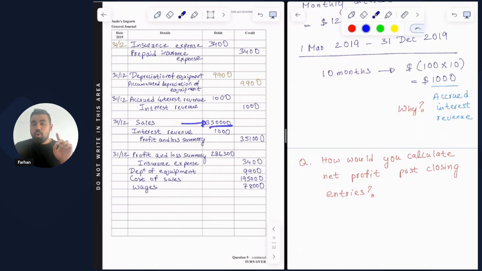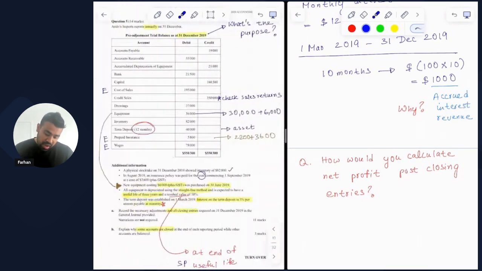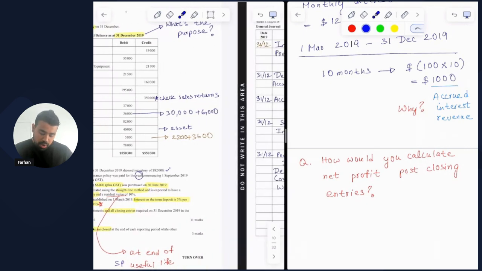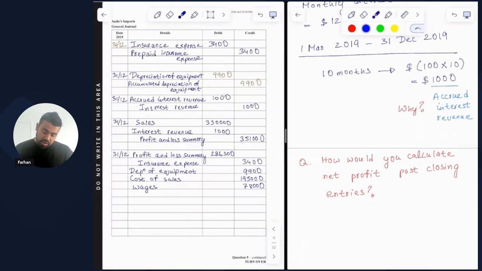And be careful to always check for sales returns. In our question, we do not really have sales returns or returns inwards, which is basically customers returning inventory back to us for the sale that we have made them a few days ago, for example. Okay, so if you have sales returns, then that would be recorded differently, which we do not have in this question.